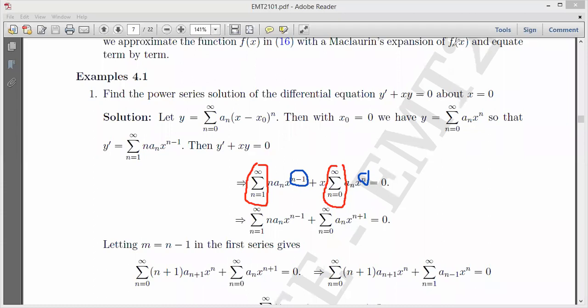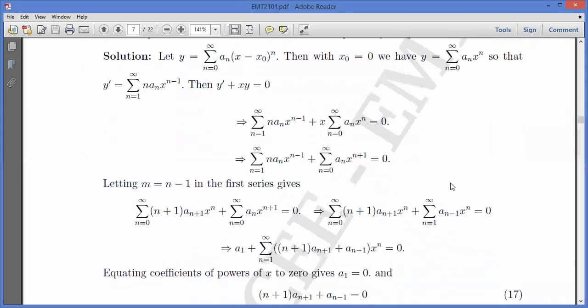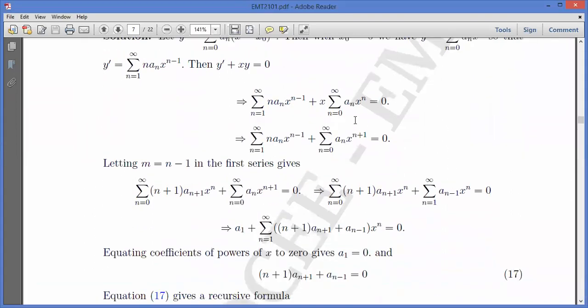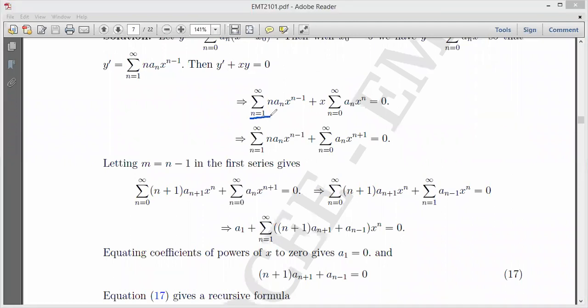Okay, so after trying to explain that, I have substituted this, I have substituted that. The next task now was to generate some kind of uniformity with respect to this and that, and then that and that.